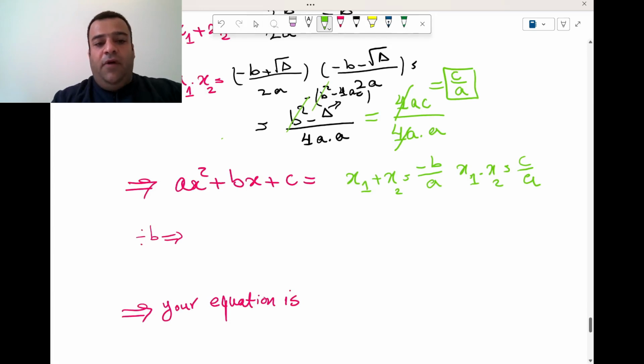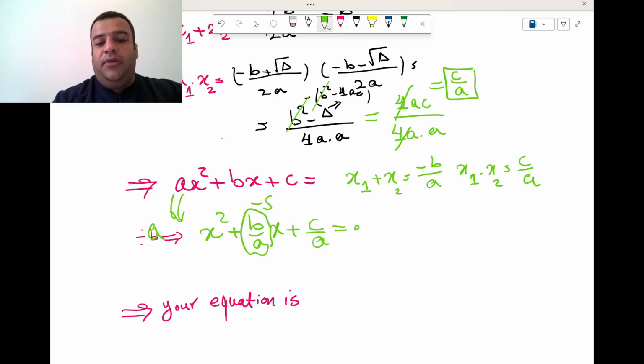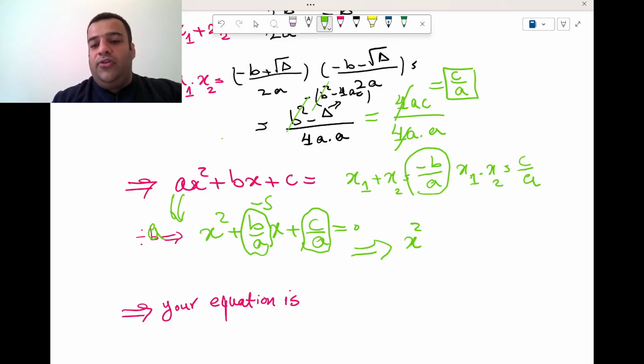If you divide the equation by a, it is x power 2 plus b over a x plus c over a. That is minus the summation, because here it is minus, and this part is the product of the two roots. Therefore our equation changes to x power 2 minus sx plus p equal to 0.